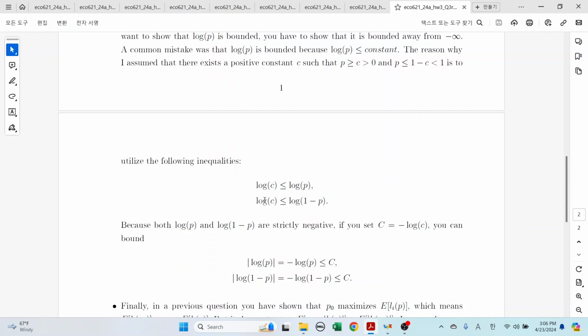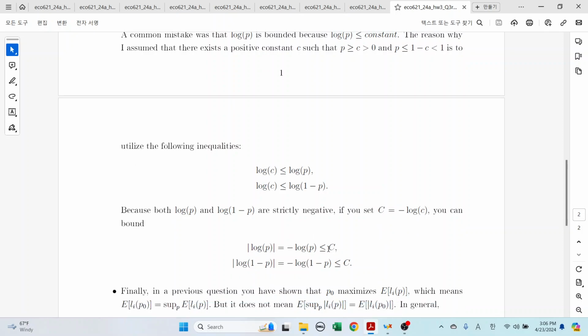Because it is negative, I will put a minus here so that we have a positive constant here, and then you are going to get this bound. So the absolute value is minus of log p, right? If you think about it more carefully, this is obvious. Log of p is negative, so you have to put a minus. So it is bounded by this guy, minus of log p. Okay.